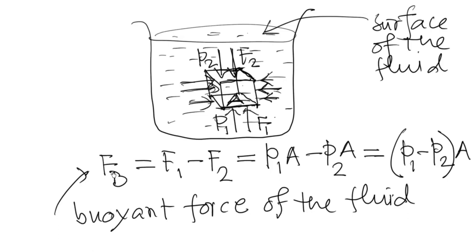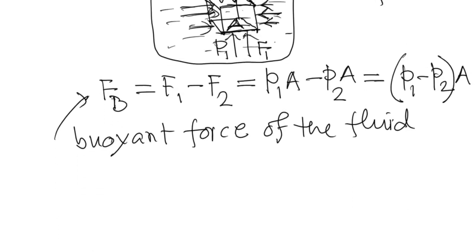The difference in pressure at two different elevations in the fluid is given by, we know this one from a previous lecture, that the difference in pressures is equal to rho g times the difference in the depths of the upper surface and lower surface.